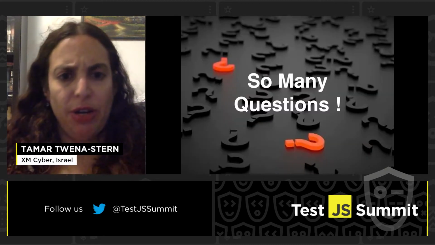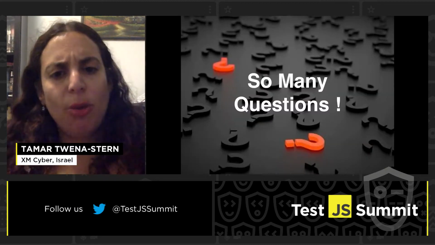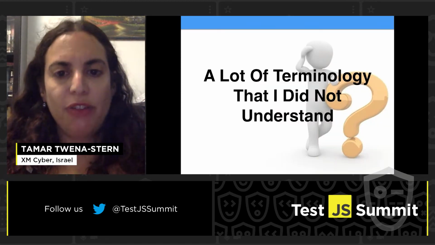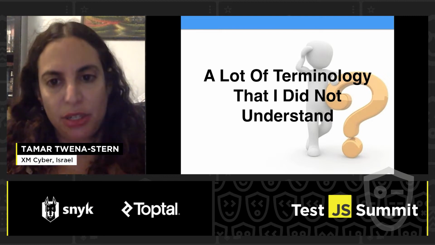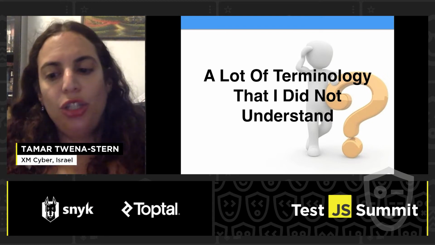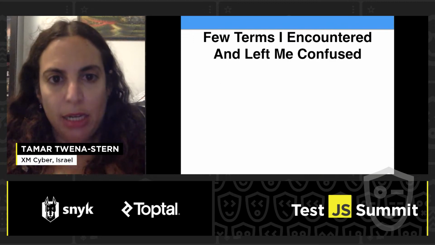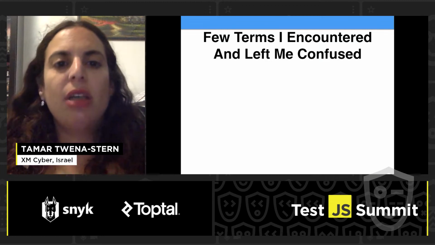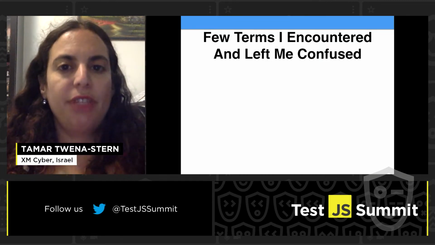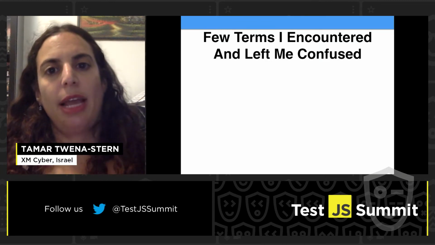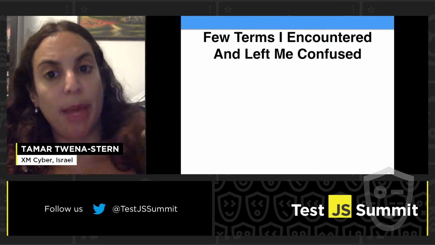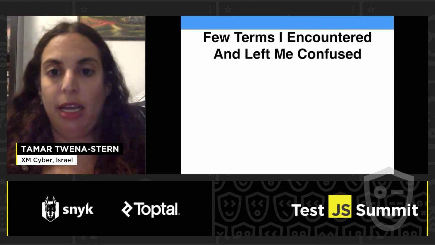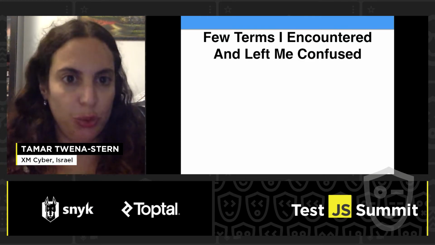So why was it very hard and confusing? Because I had so many questions, because everybody was talking a lot about terminology that I did not understand. So which terminology do I mean? Well, when you're doing performance testing, you're talking about a lot of terms and a lot of measurements that you're not familiar with, and at least for me at the beginning it left me a little bit confused.